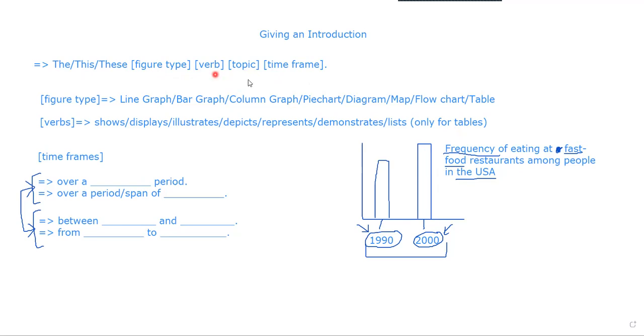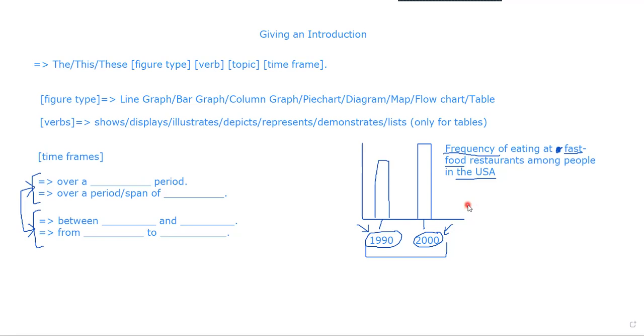Now complete the entire introduction. The bar diagram represents or displays the frequency of having fast food. No, wait. Sir, give me 2 minutes. I understood now.